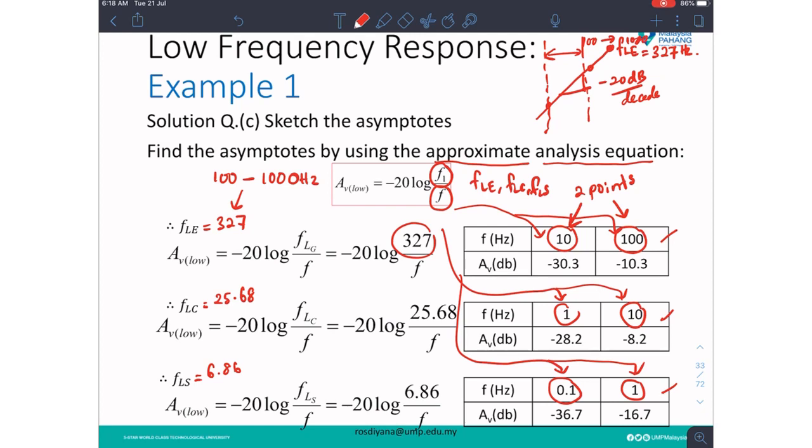Then we take another decade in front of the 100, from 10 to 100. Then for the 10 it becomes another one, from 0.1 to 10. That's why this point, you see, is at 10 and 100 here. Okay, because of this.